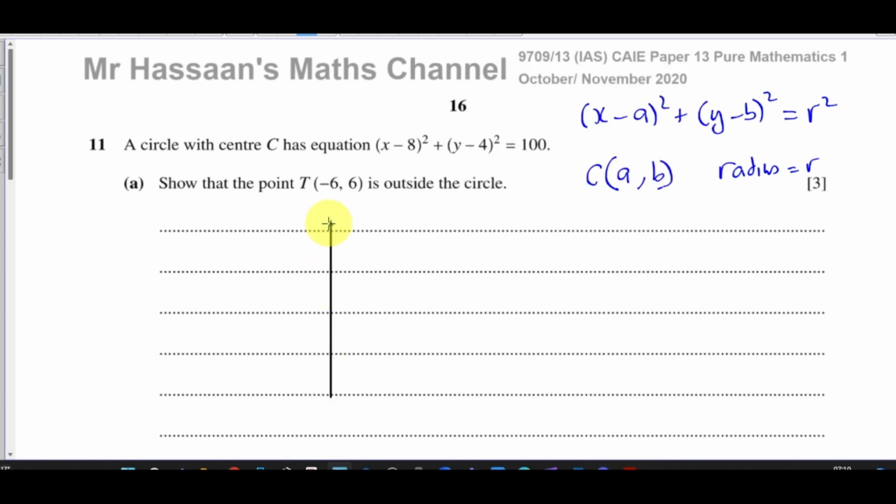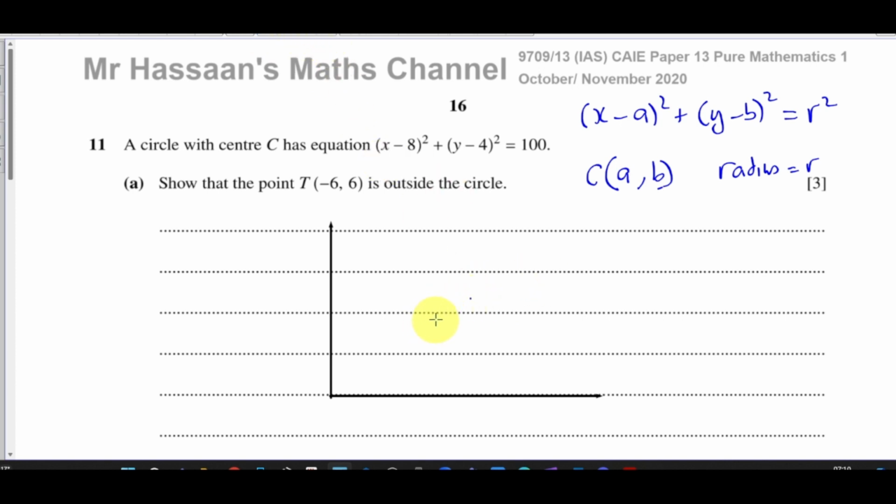You don't need to know this really, but it's always good to know why. So supposing I have a circle, and say the center of the circle is somewhere away from the origin, somewhere over here.